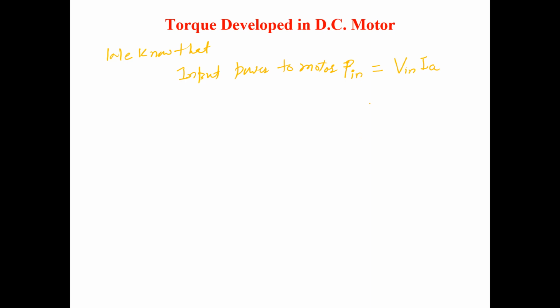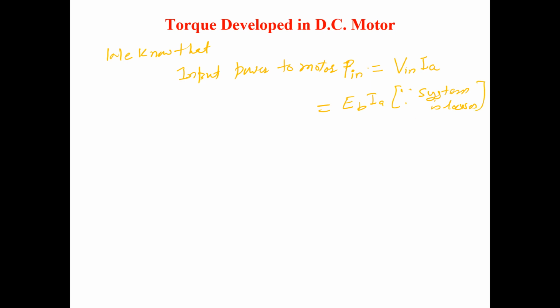If this system is taken as our lossless system, so this can be written as EB into IA. It is when system is lossless. Lossless means there will be no power losses in system.